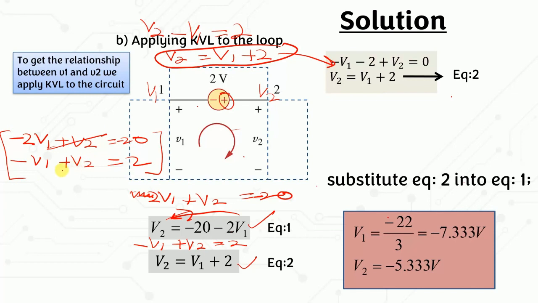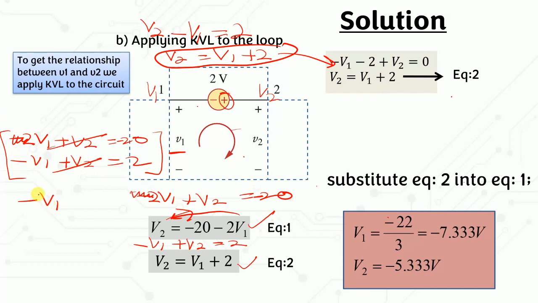So you can just eliminate V2 first. In order to eliminate V2, just use the minus. Okay, so negative 2V1 minus V1, you will have negative V1, right? This one gonna be positive, right?